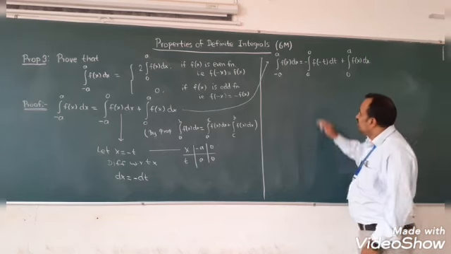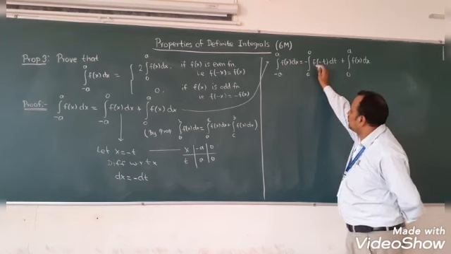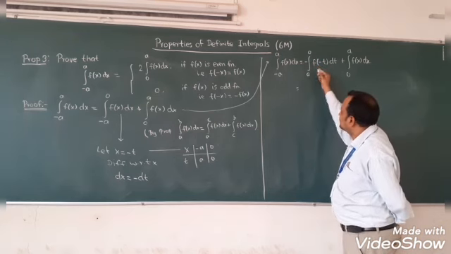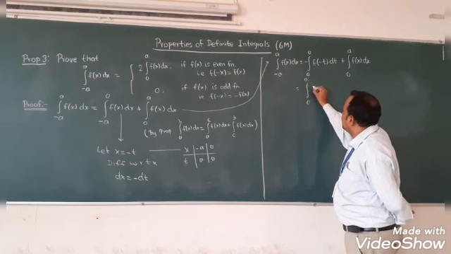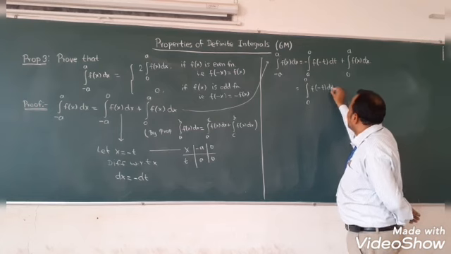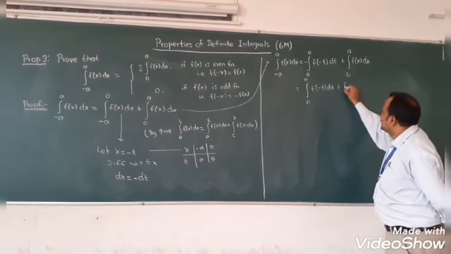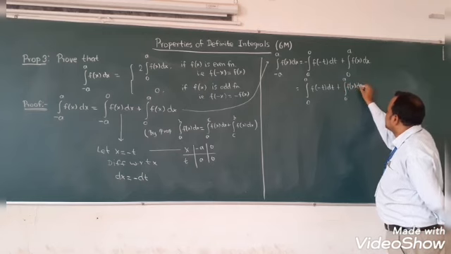Now see here, I don't want the minus here. So again, can we make use of the property? So I can say what? Limits will get changed. So 0 will come down, a will go up. Here I can say integral of f of minus t dt plus, here I can say 0 to a f of x dx.